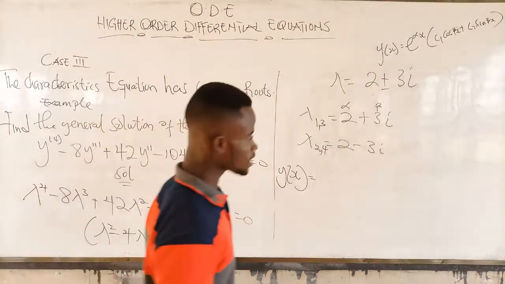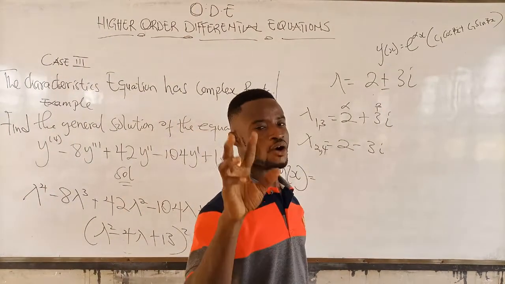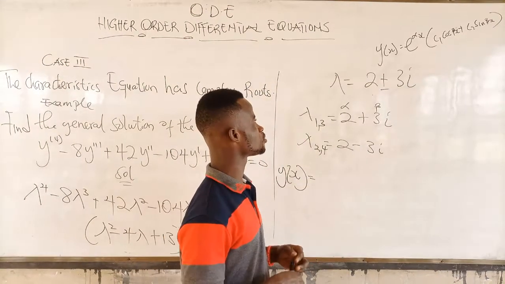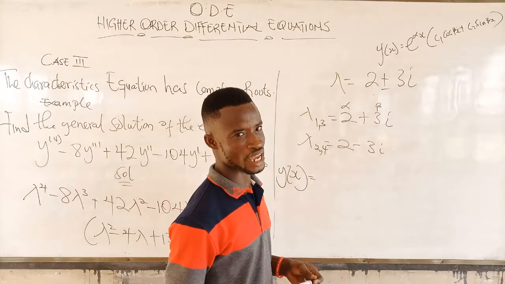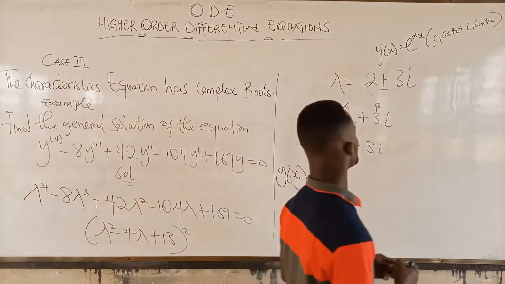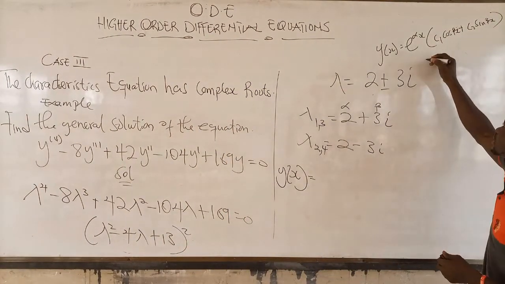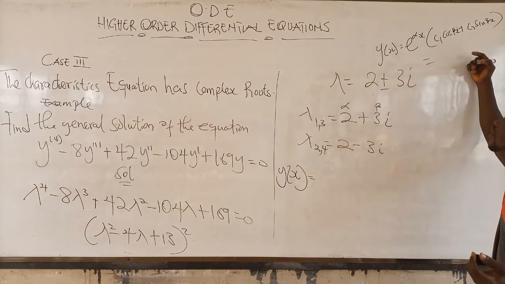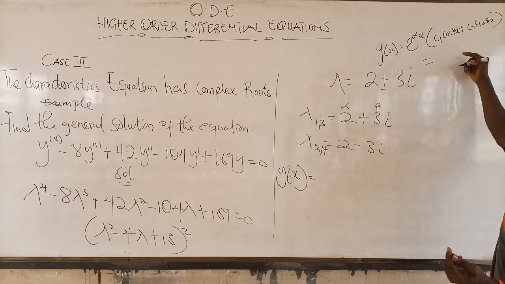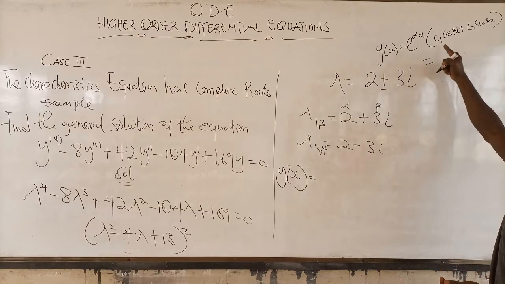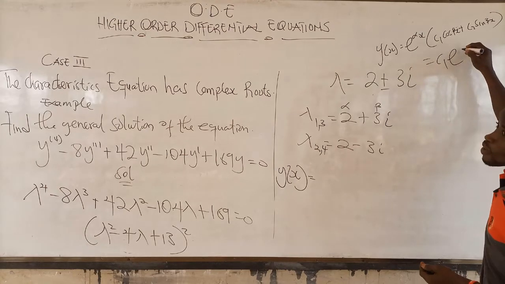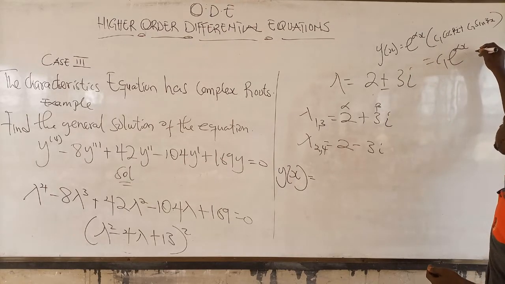Now, before we write the general solution, I would like to show you something. This having a multiplicity, so writing it is going to be somehow different from the normal way that we know. So before that, this general solution, let's not simplify it, but let's expand it. See, this and this, we get C1 e raised to the power lambda x.